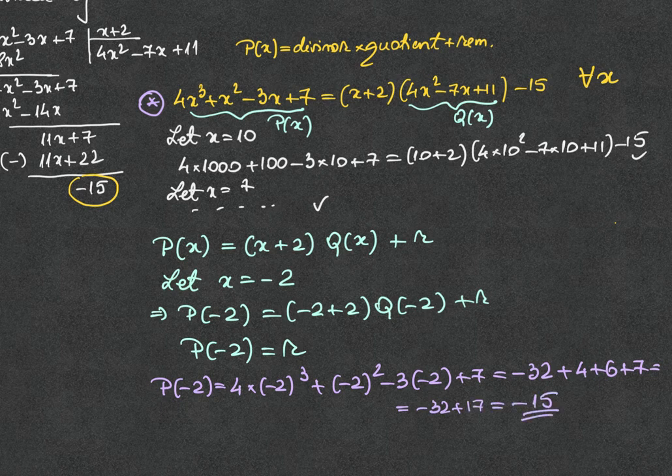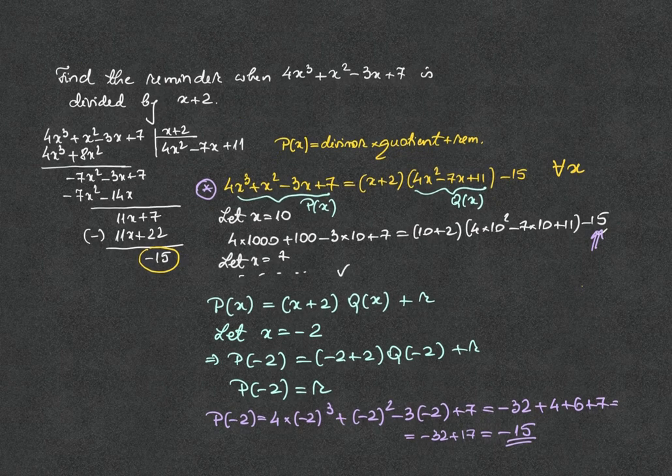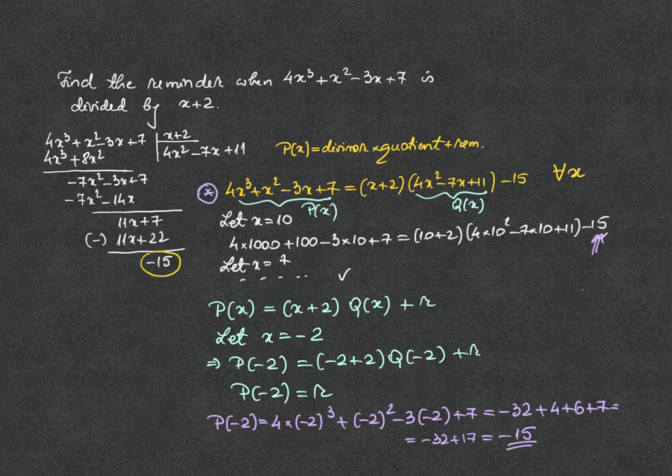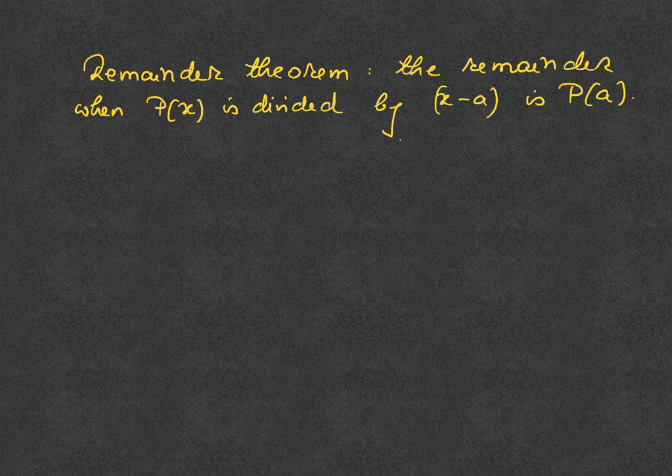Exactly the answer here above without doing the long division. So this prompts us to formulate a theorem. And the theorem will be the remainder when p of x is divided by x minus a is p of a. That's exactly what we found before.